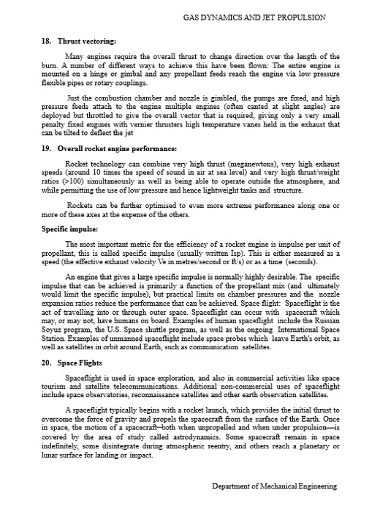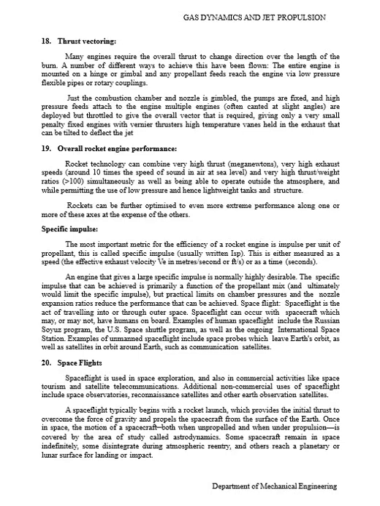The pumps are fixed and high pressure feeds attached to the engine. Multiple engines are deployed but throttled to give the overall vector that is required, giving only a very small penalty. Fixed engine with vernier thrusters, or high temperature vanes held in the exhaust that can be tilted to deflect the jet.